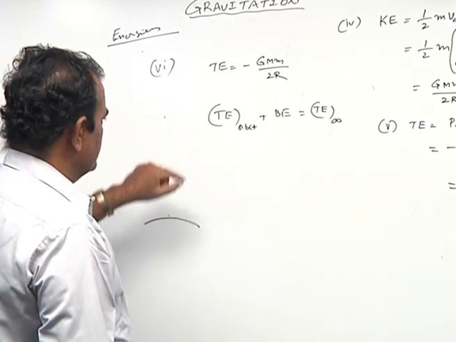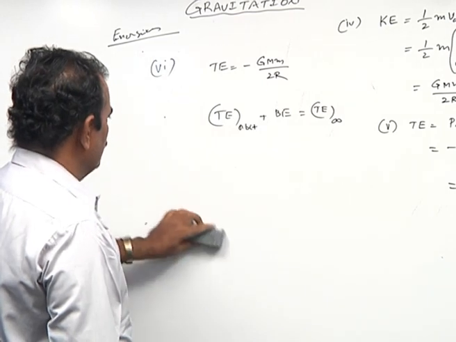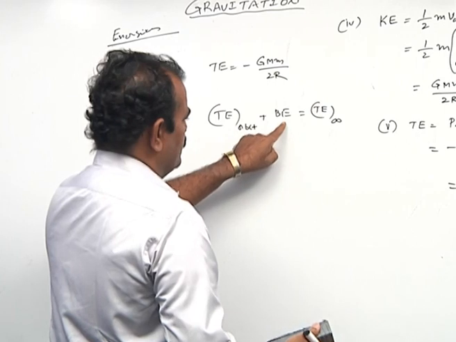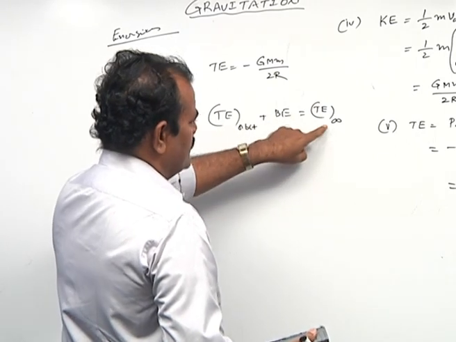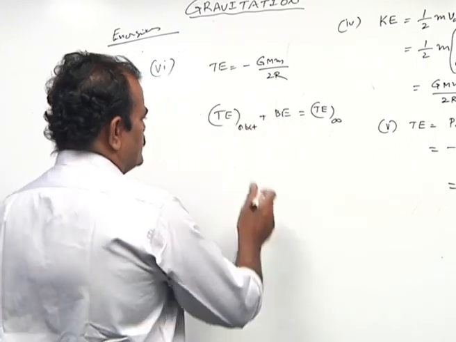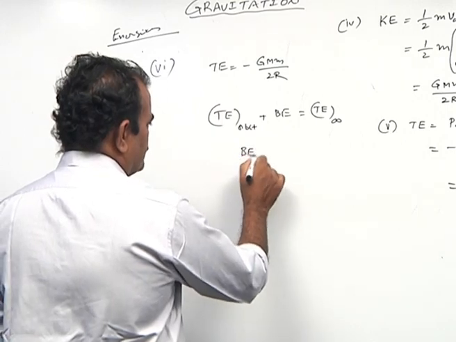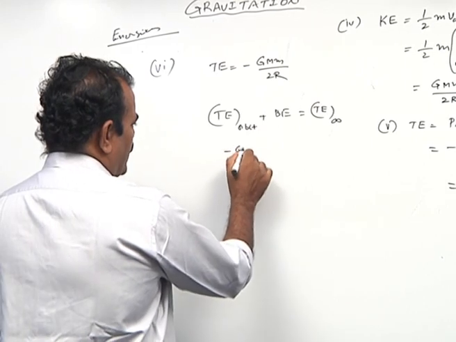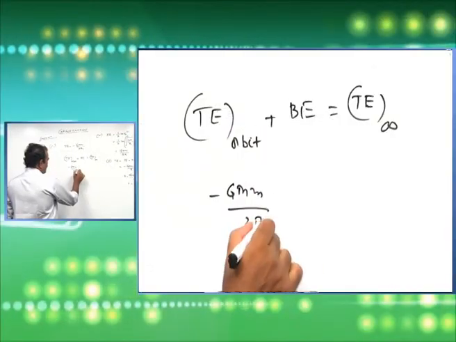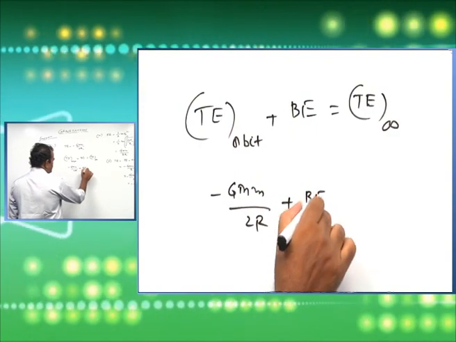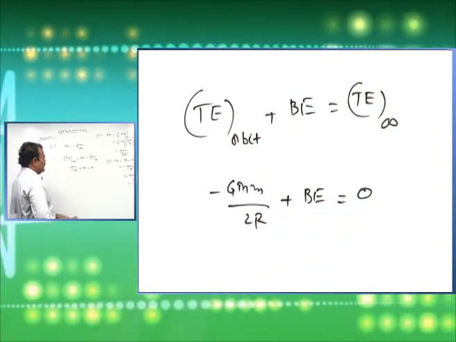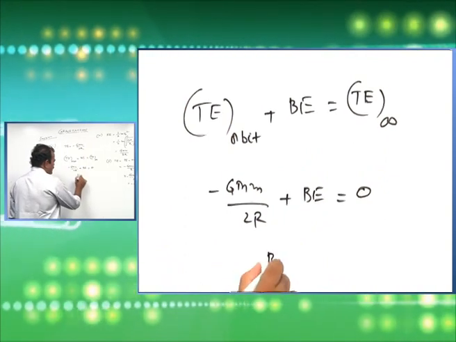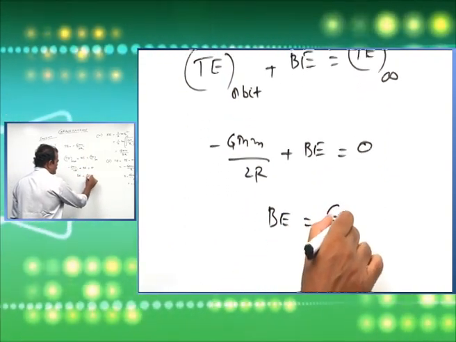The total energy of that orbit is there, and we have supplied some binding energy. So the total energy at infinity: we already know it is minus GMm by 2r, and minus GMm by 2r plus BE is equal to 0. Total energy of that satellite at infinity is 0, and BE is equal to GMm by 2r.